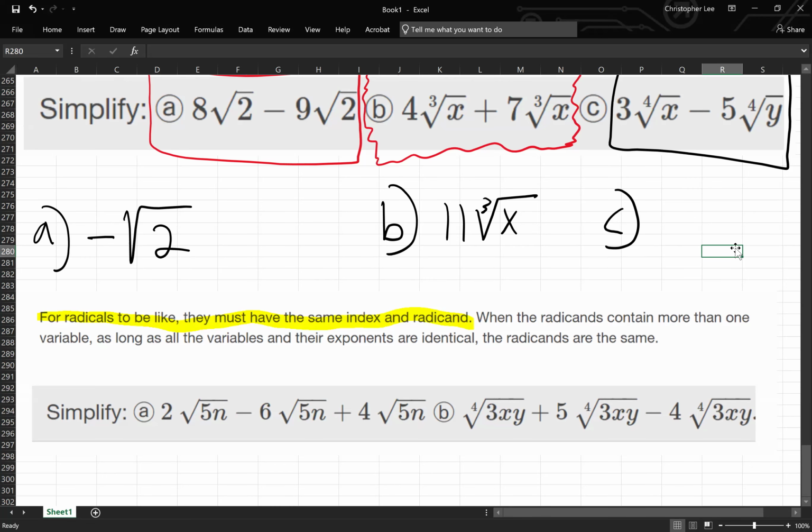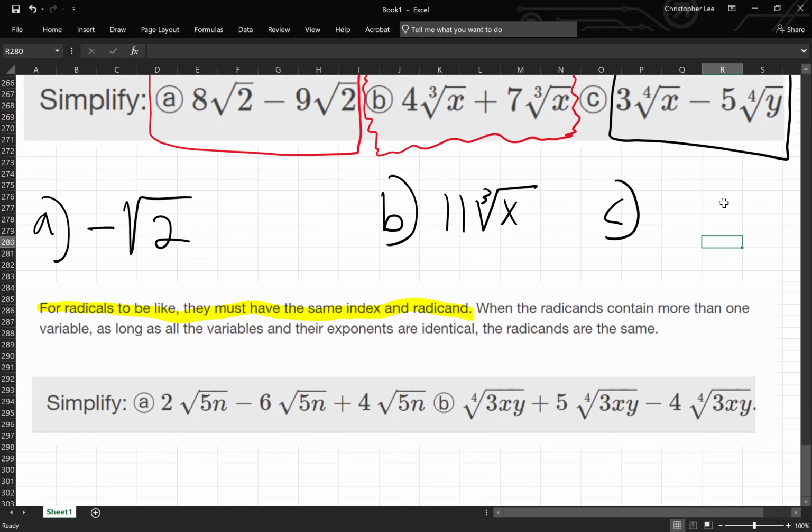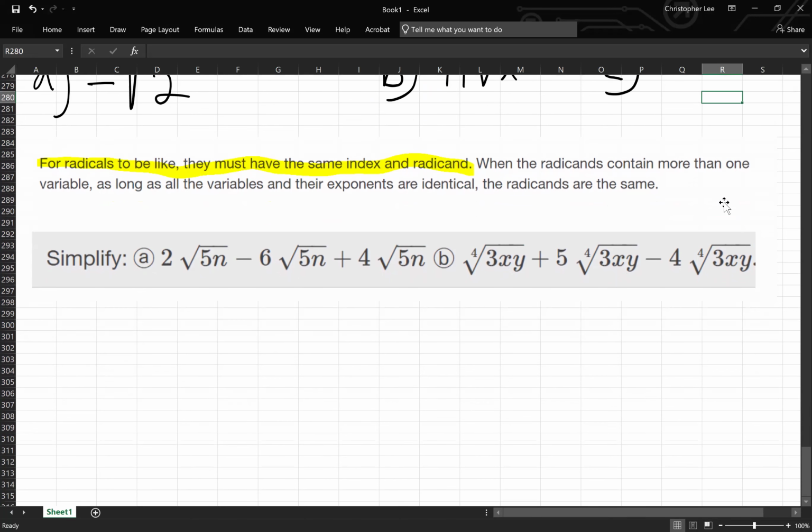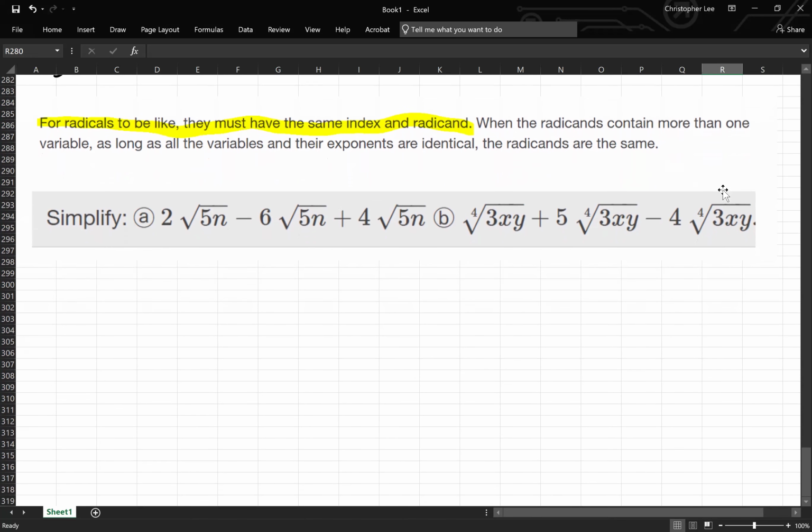When the radicands contain more than one variable, as long as all the variables and their exponents are identical, the radicands are the same. All right. So try this out. This is two questions. It's an A and a B.